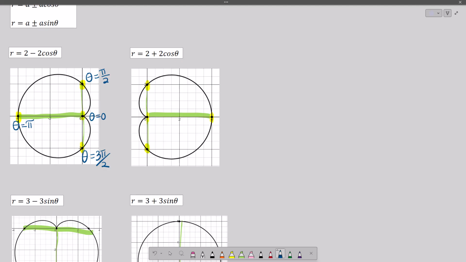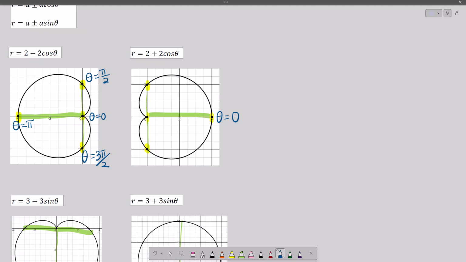So let's try it over here. When theta is 0, cosine of 0 is 1, 2 plus 2 is 4. So when theta is 0, we're going to be 4 units from the origin in that direction. When we rotate to pi over 2, cosine of pi over 2 is 0. So we get 2 plus 0, which is 2.